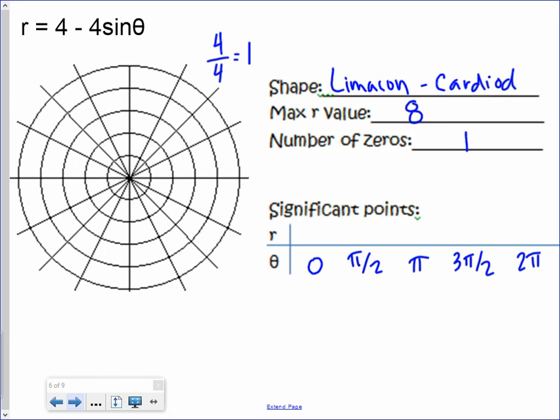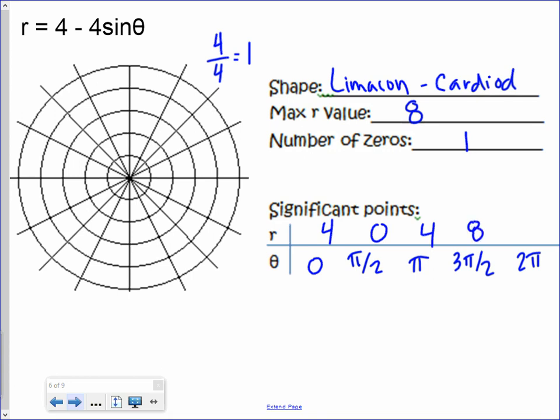Sine of 0 is 0, so that gives us 4. If I plug in pi over 2, the sine of pi over 2 is 1, so that's 4 minus 4 times 1, which is 0. Pi: the sine of pi is 0, so that's 4 minus 0, which is 4 again. 3 pi over 2 gives us -1 for the sine value, so 4 minus 4 times -1, which is really 4 plus 4.